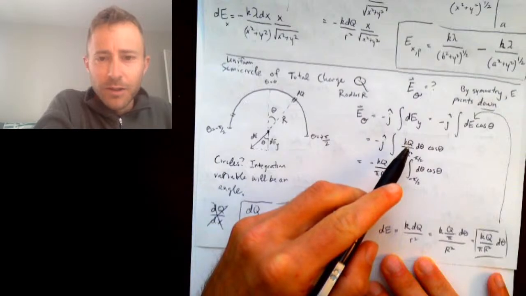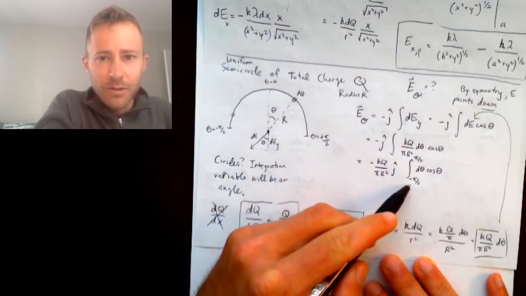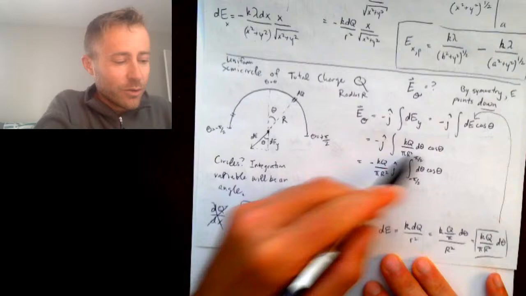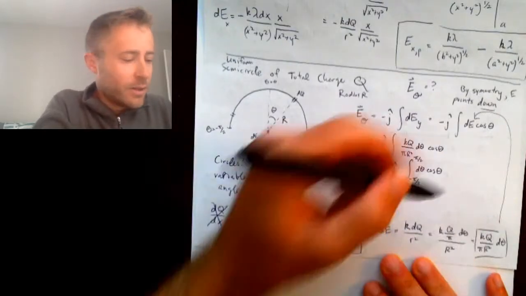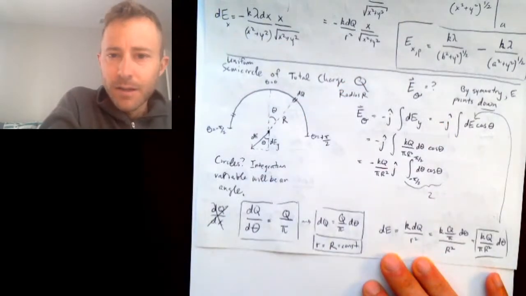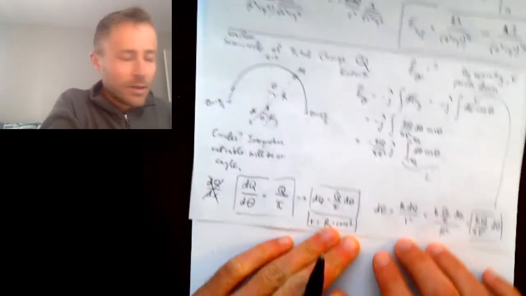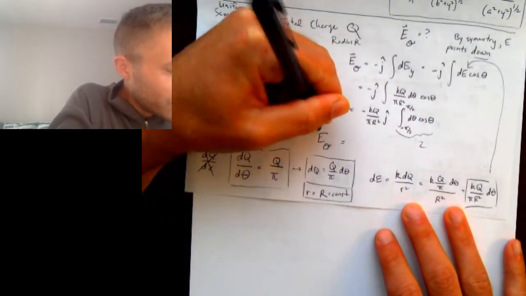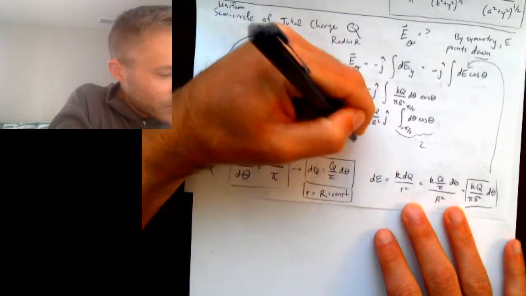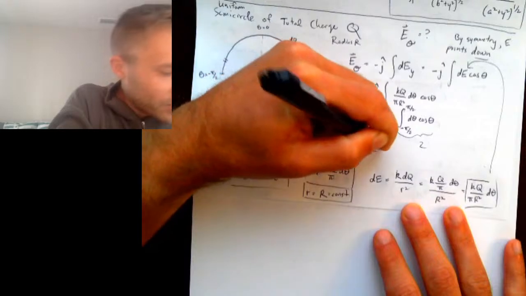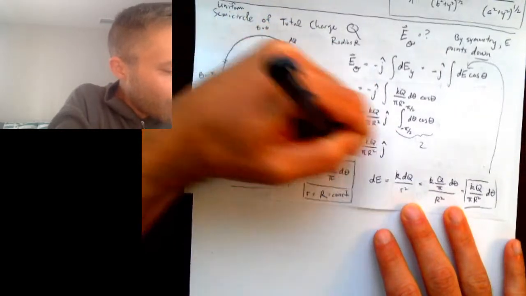Sine of pi over 2 is 1, and sine of negative pi over 2 is negative 1. So this integral is 1 minus negative 1, which is 2. So my electric field at the origin is going to be minus 2kq over pi r squared j. Boom!